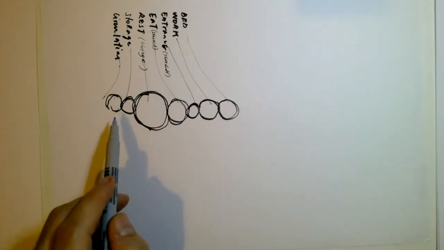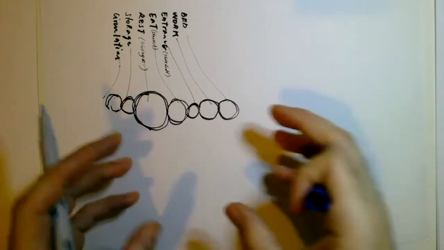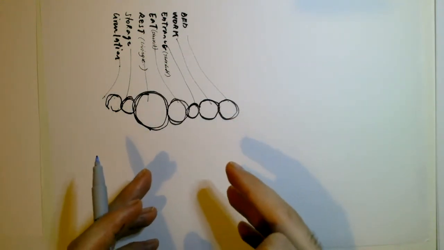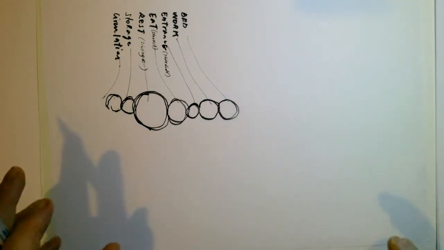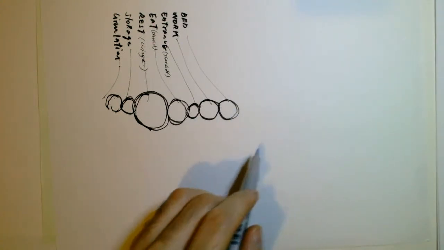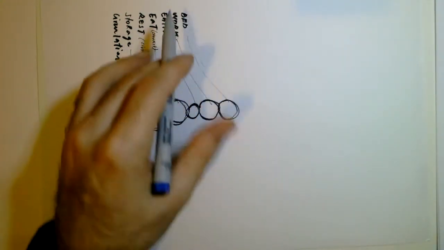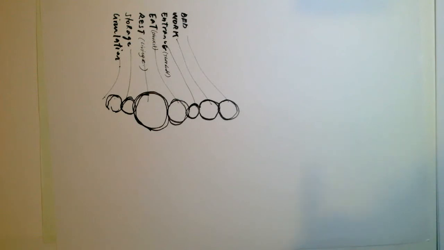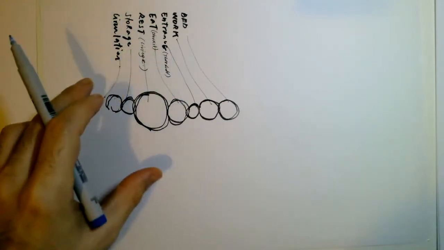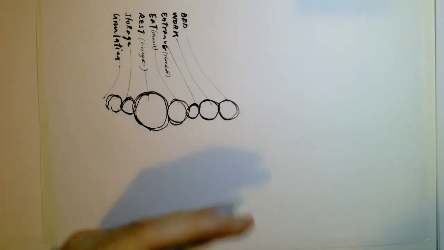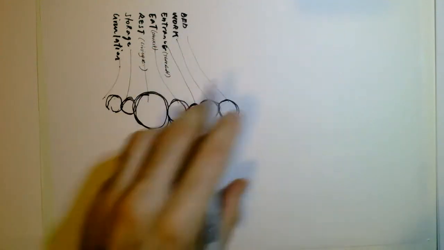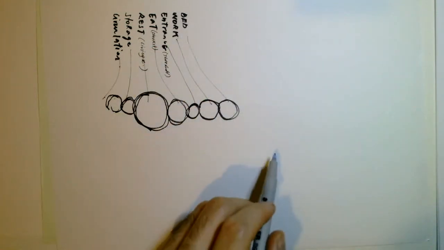So next step, we are going to look at the relationship between these spaces and see which space should go where. And we are going to look at the circulation as well and how we connect these spaces, transforming these bubbles into a more complex network rather than these linear arrangements here.